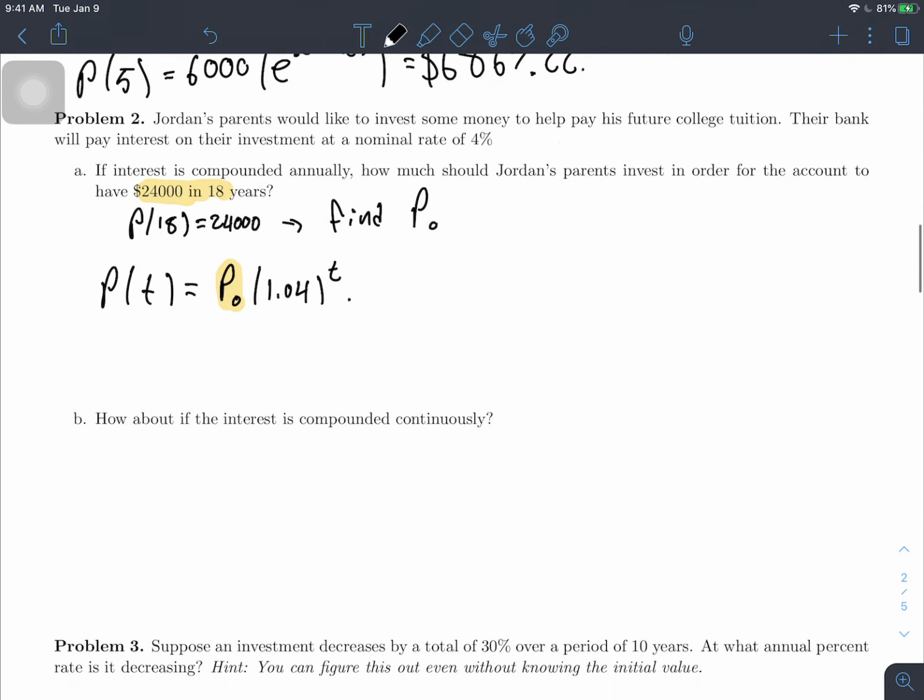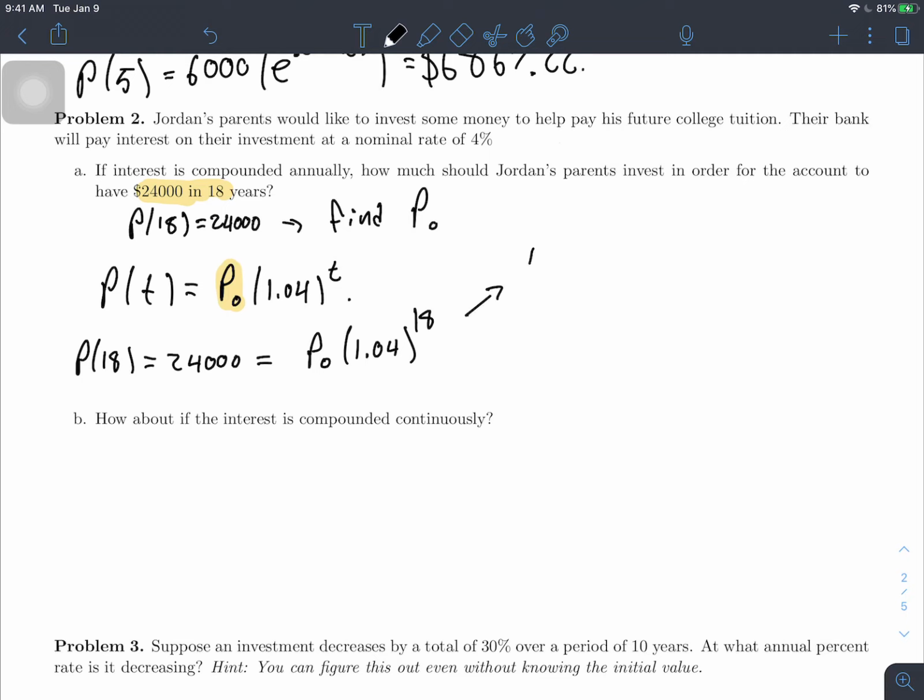So let's go ahead and plug in. We know that P of 18 is 24,000. Remember, the 18 on the inside of the parentheses means that t takes that value. So this is going to be equal to P naught times 1.04 to the power 18. So if I want to find P naught, I'm just going to divide both sides by that number which it's being multiplied by.